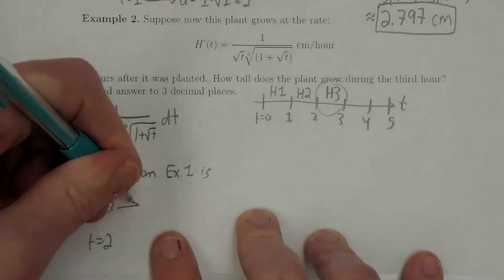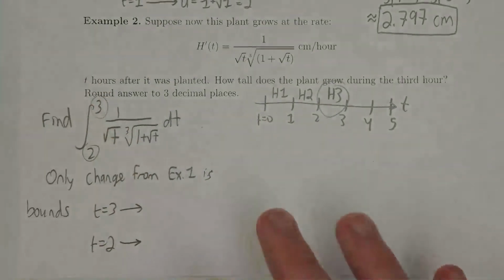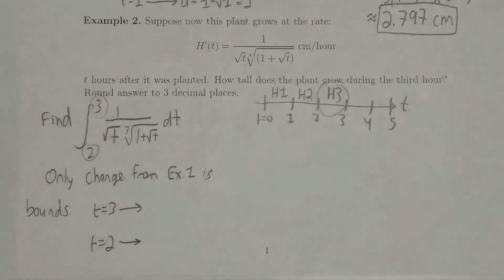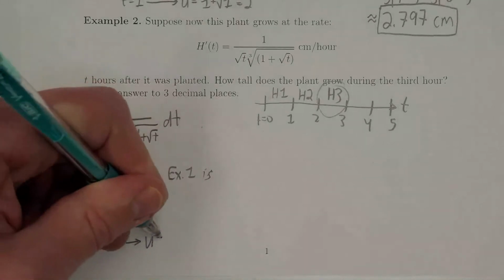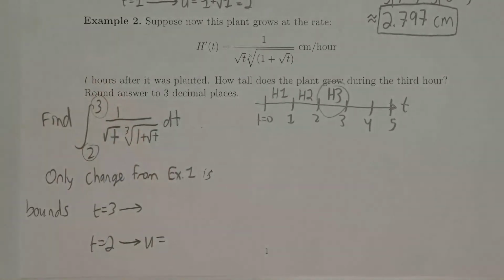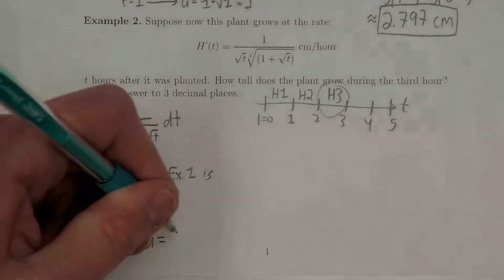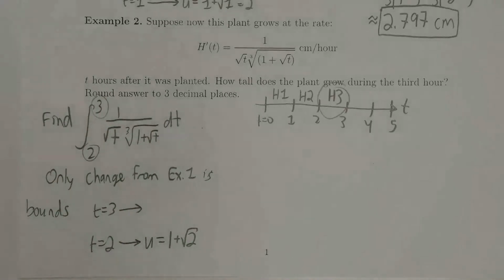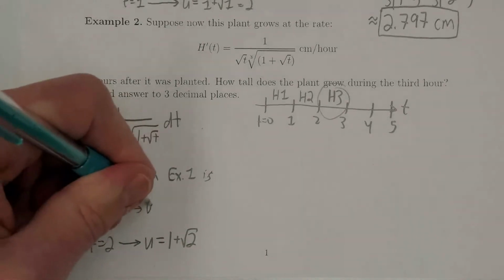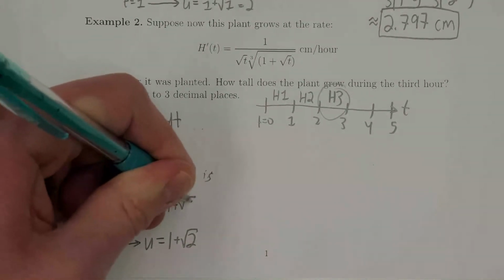Because we're still dealing with the same function, we're still going to have the same u substitution. So with t equals 2, what should the corresponding u value be? Yep, 1 plus root 2. And similarly, t equals 3 gives you u equals 1 plus the square root of 3.